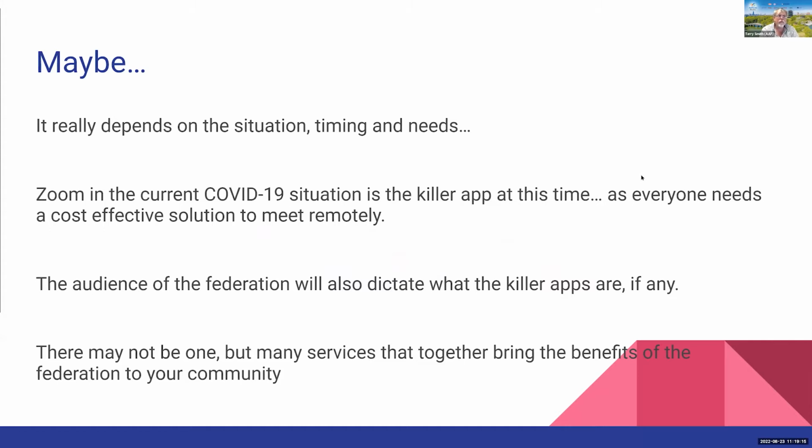For instance, Zoom within the COVID-19 situation has been a killer app because everyone needs a cost-effective solution for remote meetings with people. That will fade away as COVID fades away, hopefully. But the audience of the federation will also dictate what their killer apps are, if any.